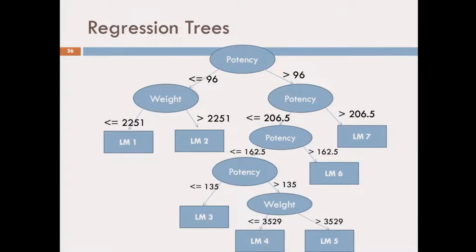Then to classify these instances, we just get the linear model and apply it to the instance that fell in that leaf node, okay? When testing, we just follow the path like we did before. Then the instance falls here. We get the linear model and use it to predict the real value for that instance. Okay, questions?